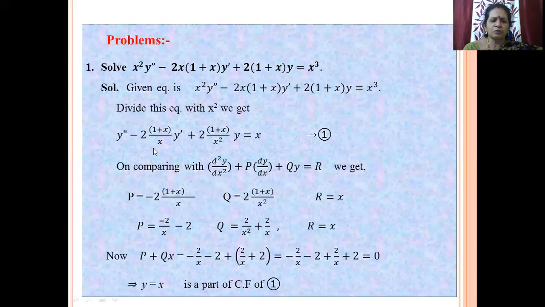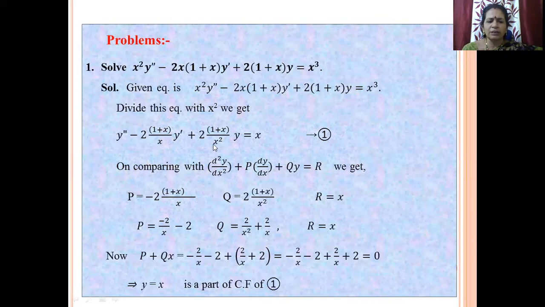We get y double dash minus 2 into 1 plus x by x into y dash plus 2 into 1 plus x by x square into y is equal to x. Let this be equation 1.